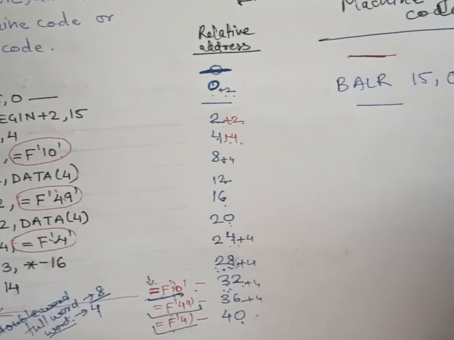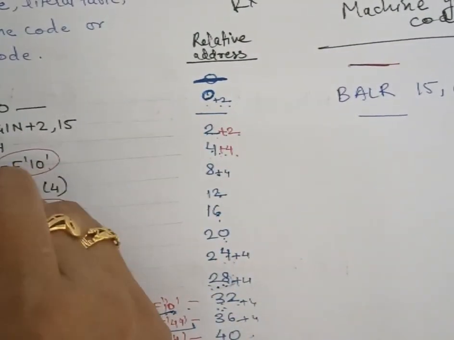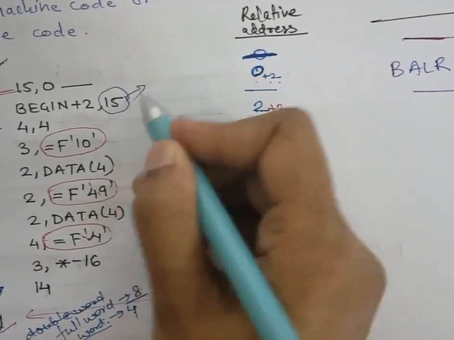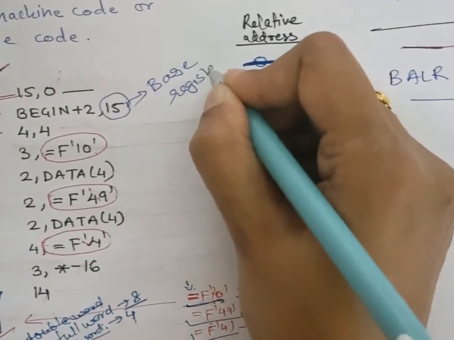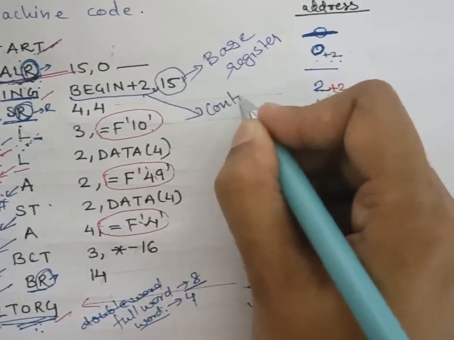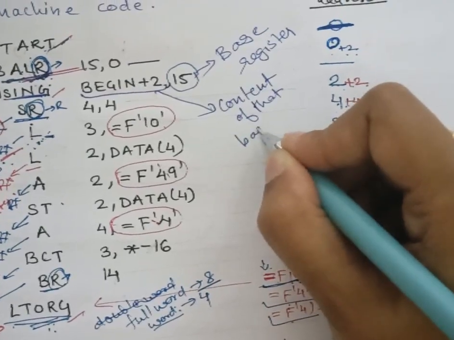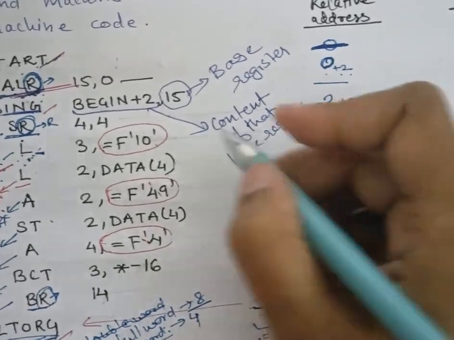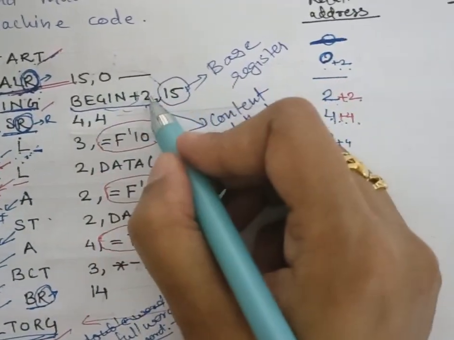So here dash. Now I am going to tell you about the base register. So always remember that using contains the base register. So this 15 is our base register, and here begin plus 2 is the content of that base register. So the base register 15 contains begin plus 2.